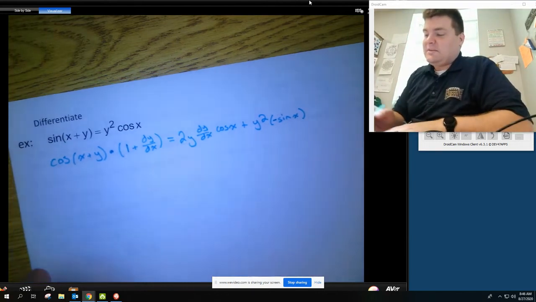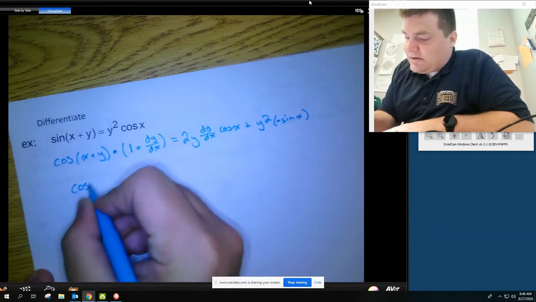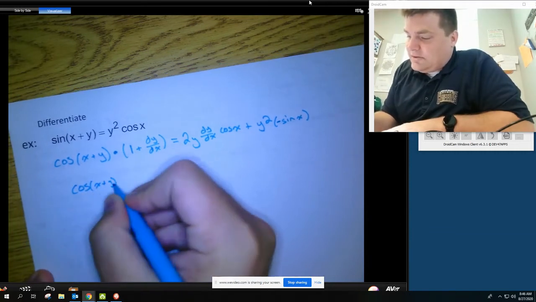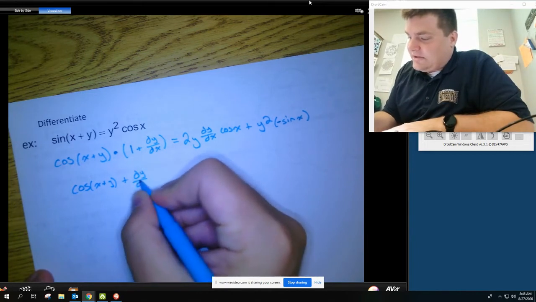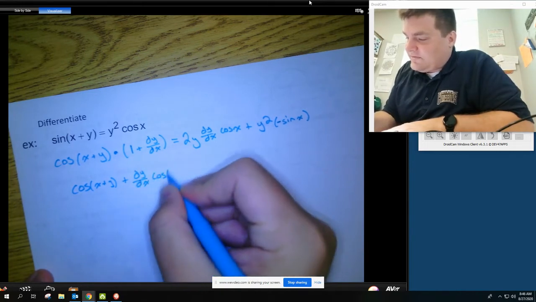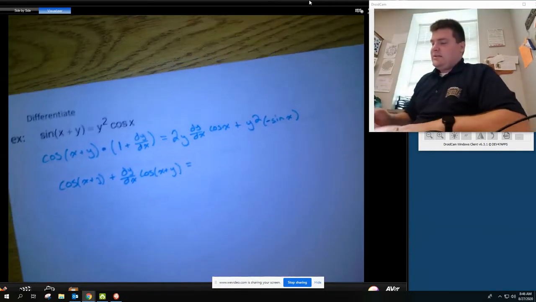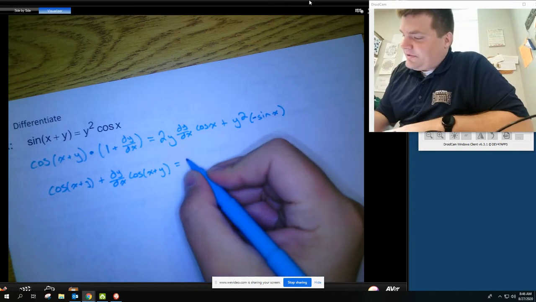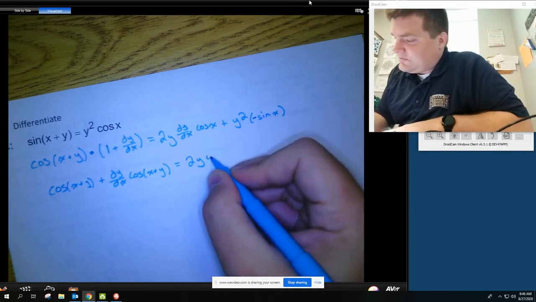So let's go ahead and clean this up a little bit by distributing on this side. So I'm going to get cosine of x plus y, plus dy dx cosine of x plus y. And on this side, I'm not really doing too much cleaning up. I'm going to do 2y cosine of x.